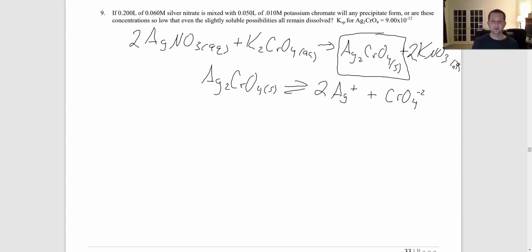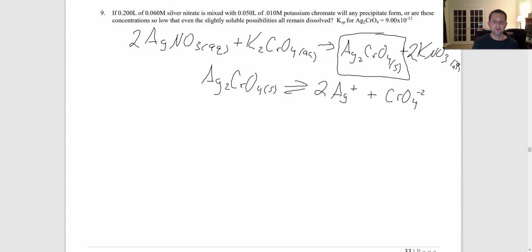Here's our solid precipitate that we want to make in our overall equation, and it dissociates into these ions in solution. So will this equilibrium system lie to the left with your precipitate, or will it lie to the right?